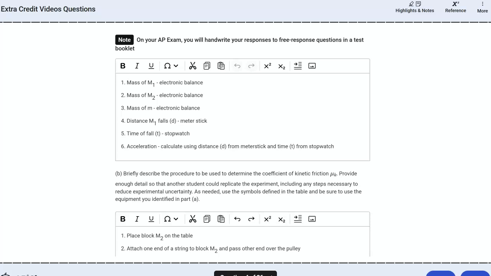We can calculate the velocity during each interval by doing displacement over time. And then we can calculate acceleration by calculating the change in velocity over change in time.